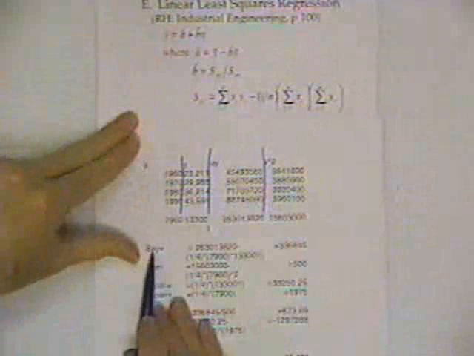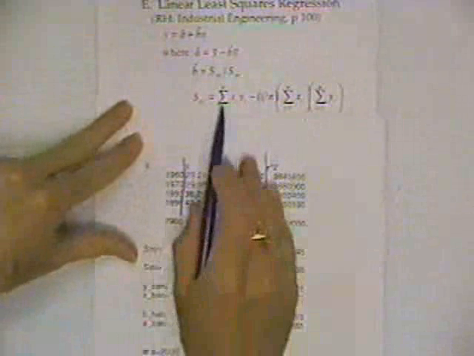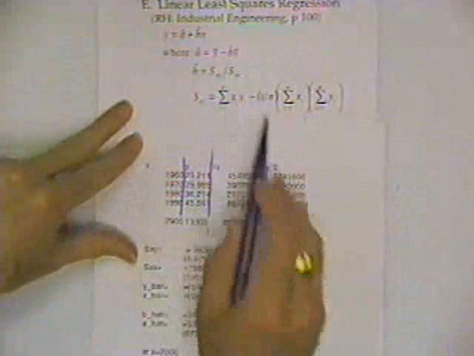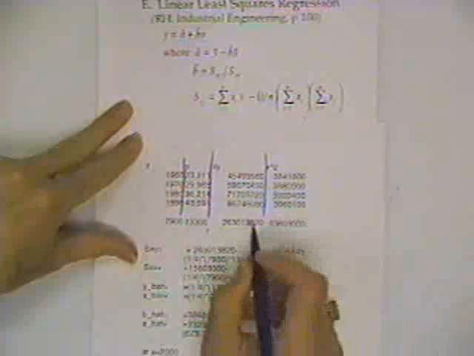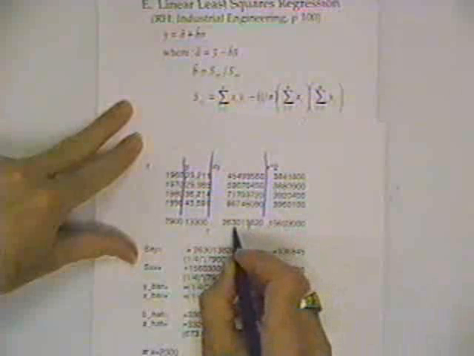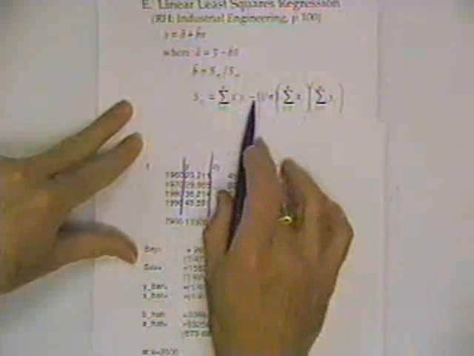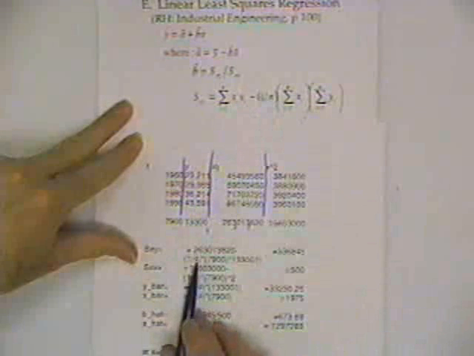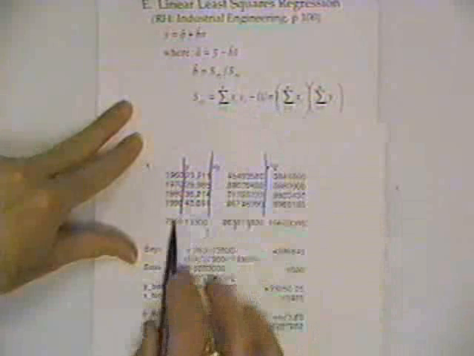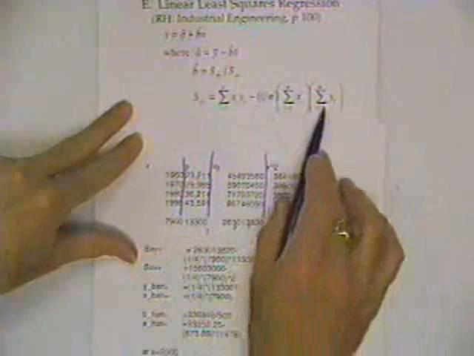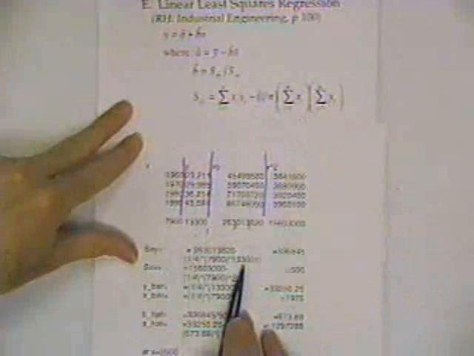Then, going back and looking at the formulas, first we can calculate the value of S of XY. It's the sum of XiYi, in this case this long number here, 263 million. Then we subtract 1 over n, in this case 1 over 4, times the summation of X, which is 7,900, times the summation of Y, which is 133,001.